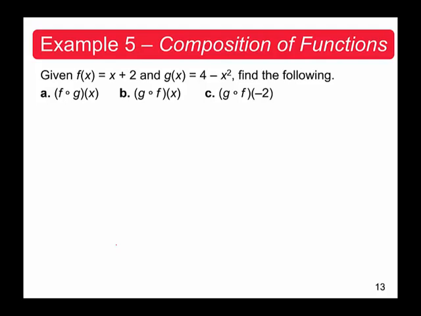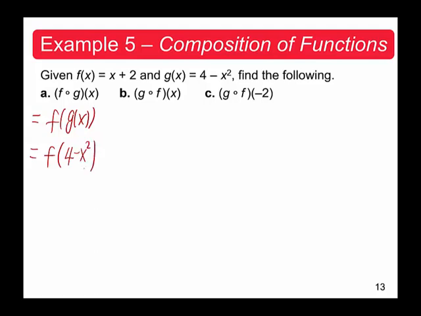Given f of x equal to x plus 2, g of x equal to 4 minus x squared. Let's find the following: f composed with g. So again, this is f of g of x. So simply you just rewrite it in function notation. Then we know g of x, that's the inner function, so it's 4 minus x squared.